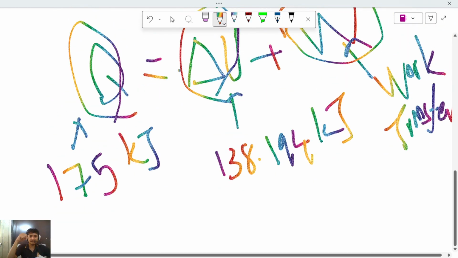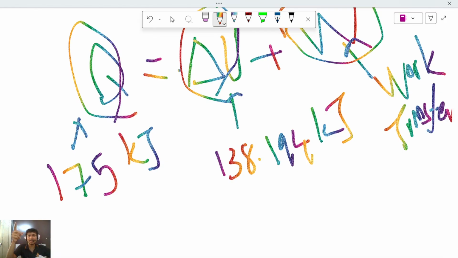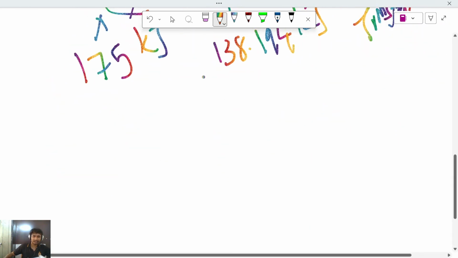What is Q is equal to delta U plus W? It is the first law of thermodynamics, and it's very simple.